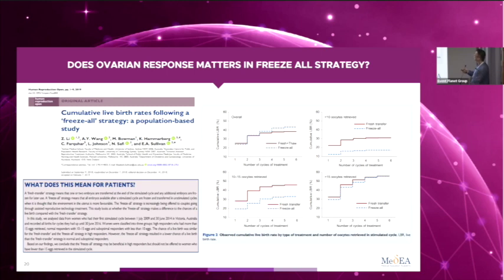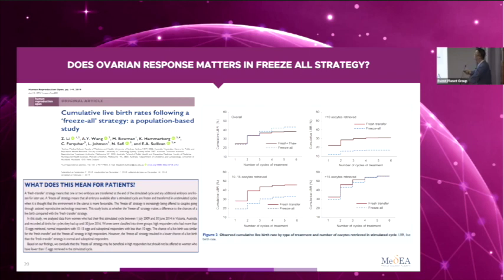And it seems that freeze-all at this point, if you put everyone together, seems to have higher chances of pregnancy as they go on. But if you start to divide them by number of oocytes retrieved, for those with less than 10, you see that actually a fresh embryo transfer seems to offer a higher cumulative live birth rate as the number of cycles goes up. And your freeze-all cycles seem to do much more poorly, and you can see this gap is quite significant.